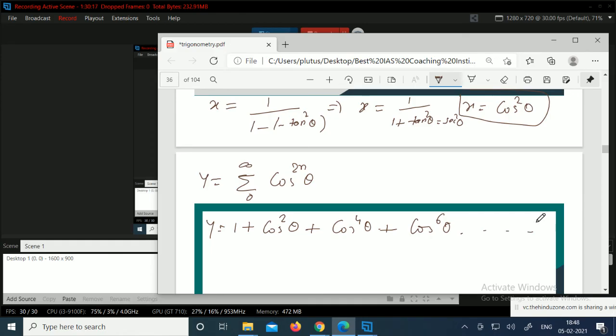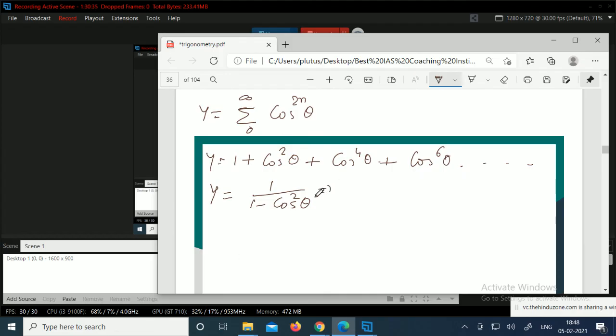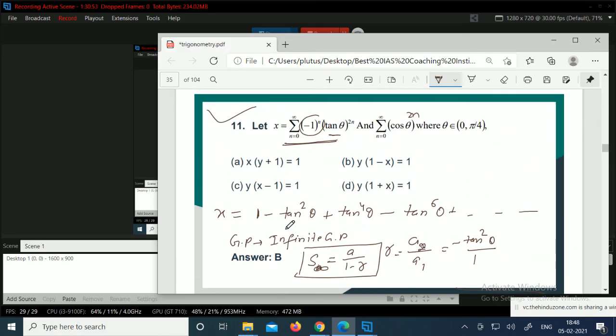If I write the sum for an infinite GP, then 1 upon 1 minus cos square theta. The R value is cos square, because this is multiplied by cos square, then 4, 6. So the y value is 1 upon sine square theta, y equal to cosec square theta.